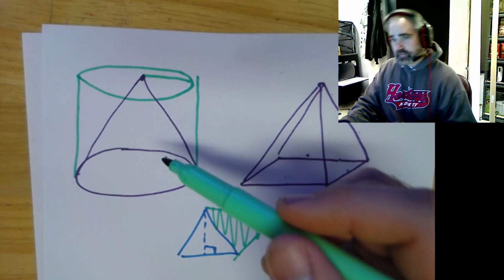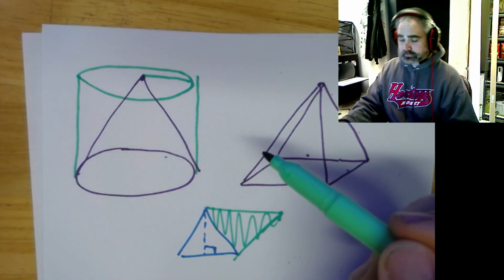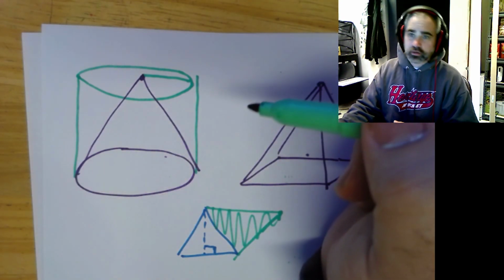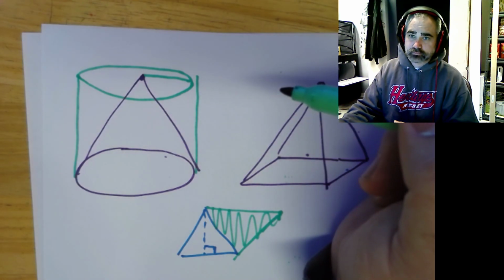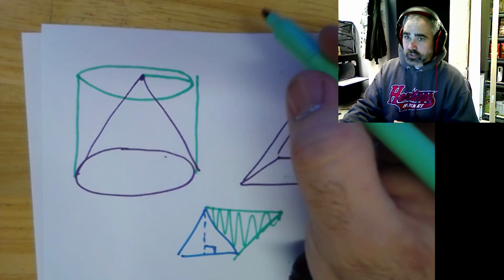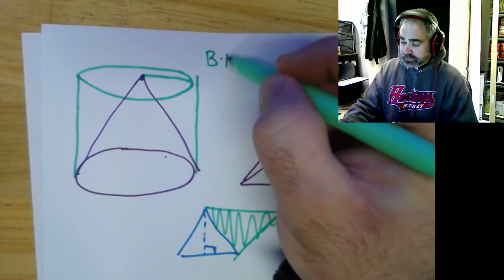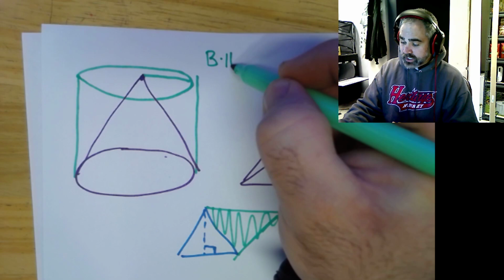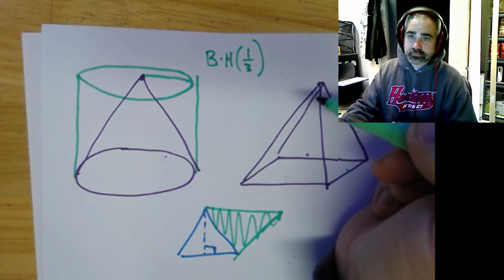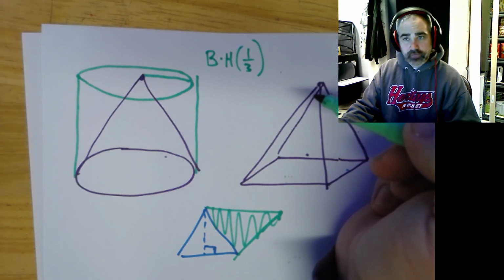Since I can't do that, I'm just gonna tell you, it's 1/3 of the volume of the cylinder. So this one is the area of the base times the height, and we just do it times 1/3 in this case, because it's 1/3 of the volume of the cylinder.